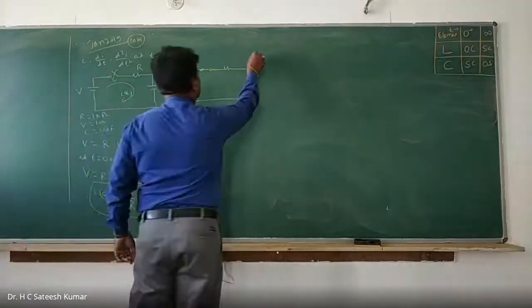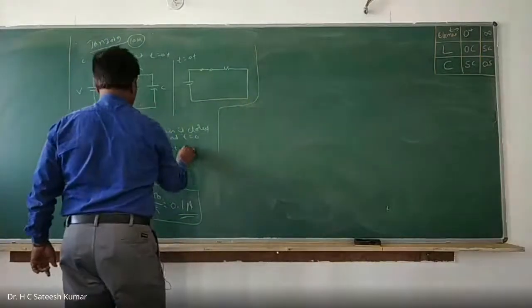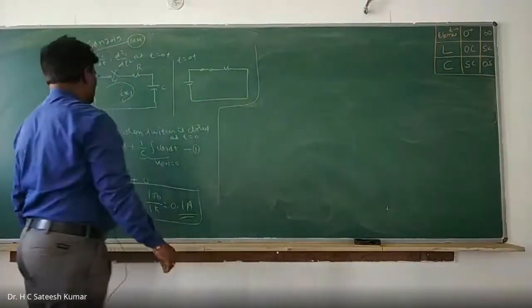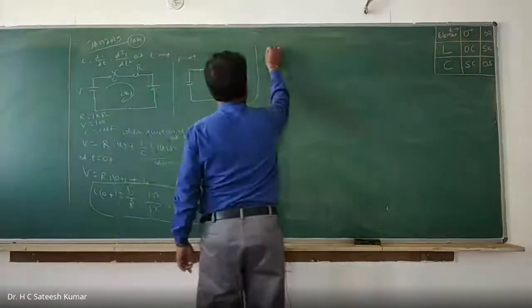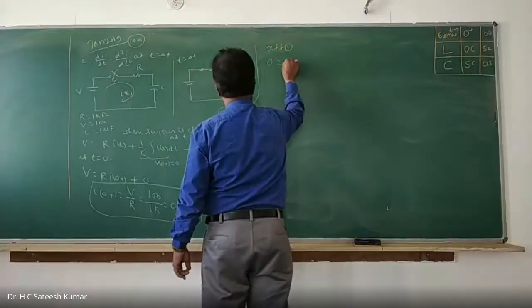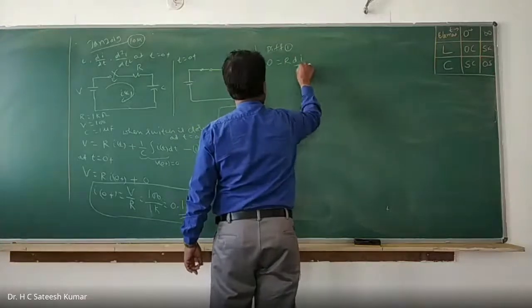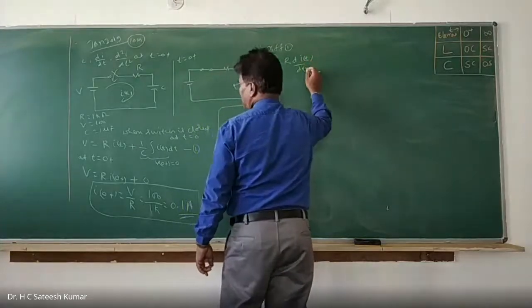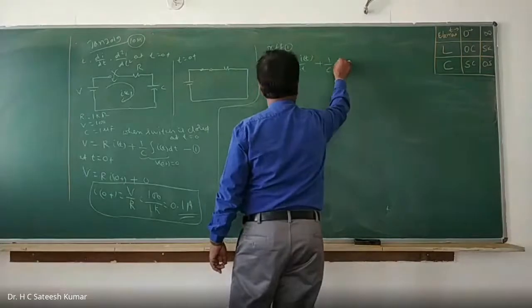Next, we call this equation number 1. Differentiating 1, we get 0 is equal to R into di of t by dt plus 1 by C into i of t.